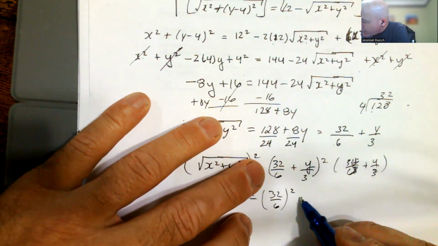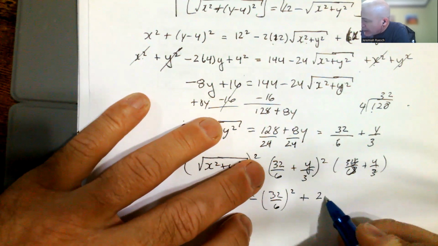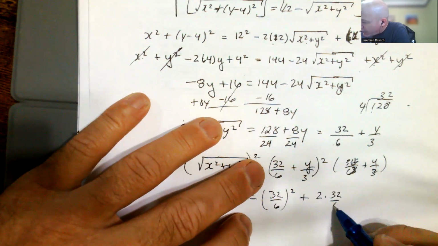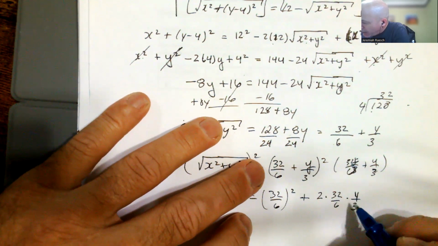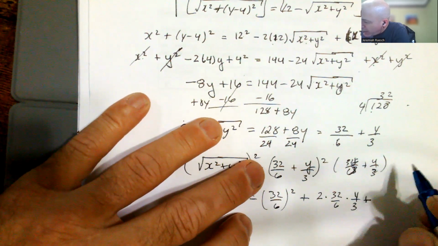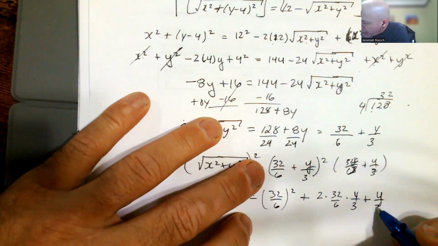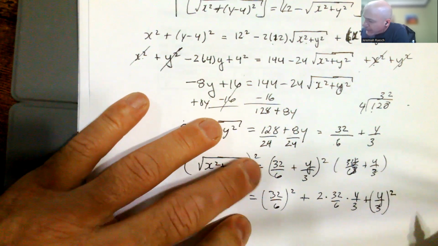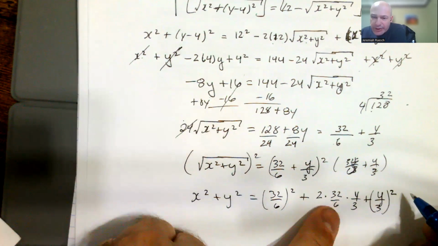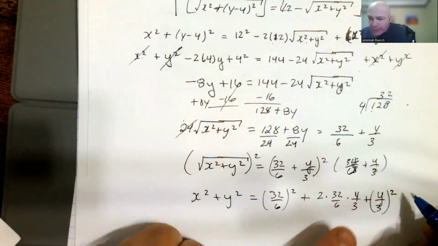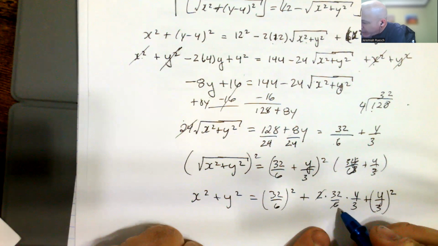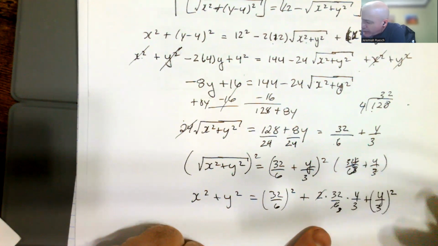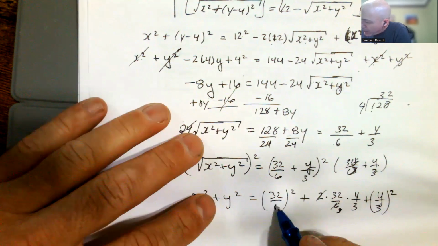Anyway, so plus 2 times 32 over 6 times y over 3 plus y over 3 squared. Okay. All right. So this is following the same result as above. Okay. Some cool things happen here. This is over 3, and so what is this reduced to?